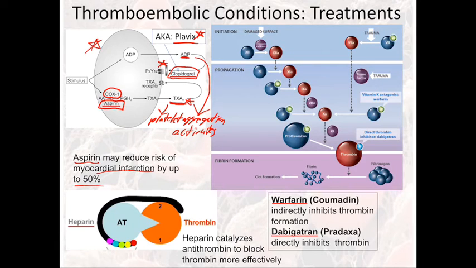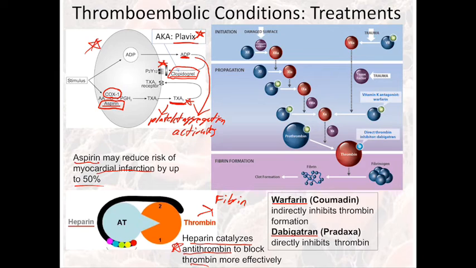Okay, let's look at heparin. Heparin is a catalyst. Heparin catalyzes. It's a very common blood clotting drug. You'll see people on it after surgery. What it does is it catalyzes antithrombin to block thrombin more effectively. We didn't really talk about antithrombin, but antithrombin blocks thrombin from doing its job. And remember, thrombin's job was what? That's the one that turned fibrinogen into fibrin, right?